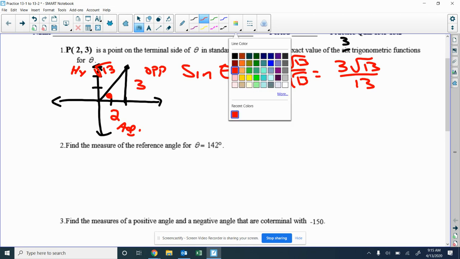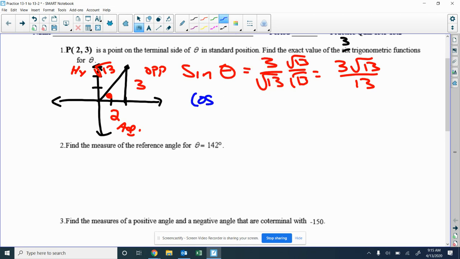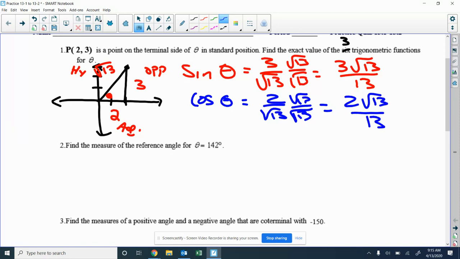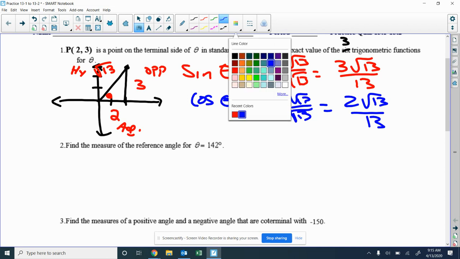Okay? Your cosine is going to be 2 over the square root of 13. Again, we will rationalize, and you're going to end up with 2 square roots of 13 over 13.